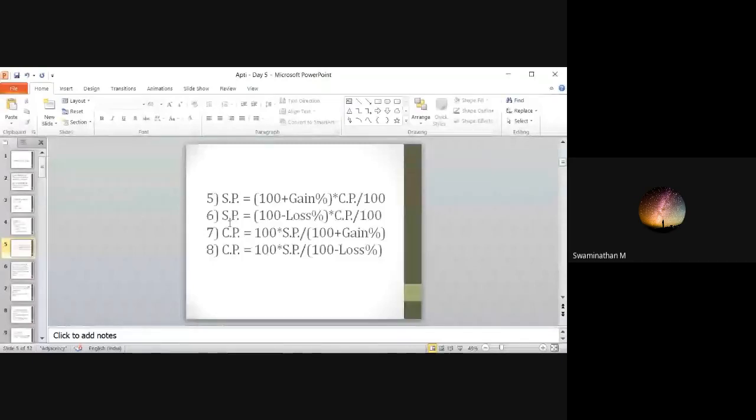Cost price equals 100 into selling price by (100 plus gain percent) or (100 minus loss percent). Please note these four formulas. This will be very useful. Few questions might be direct, but you must know these four formulas.